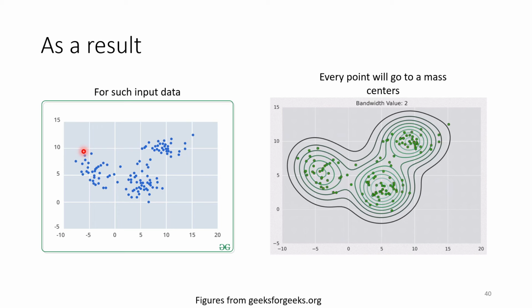So it will move. The iterative moves will make every point move to the center of a mass point. So it will generate a result like this. For every point, it will gradually move to the mass center. So from this example, it will automatically generate 3 different clusters.